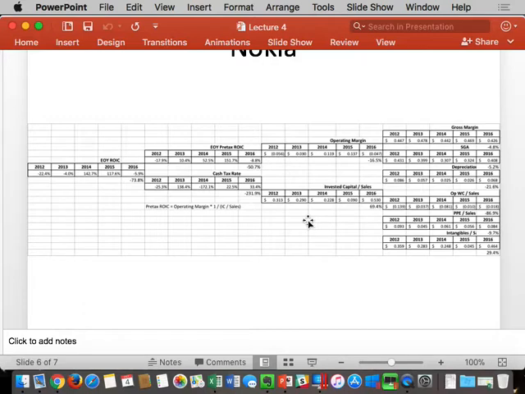In terms of the second and third level drivers, the gross margin and then the balance sheet, we basically have gross margin went from 44.7 to 42.6, which hurt the operating margin. SG&As again went from 43 to 40, which actually helped the operating margin, and depreciation went from 8.6 to 6.8.